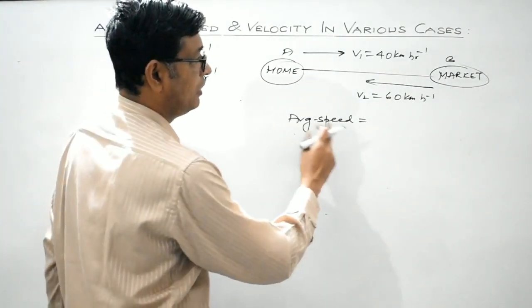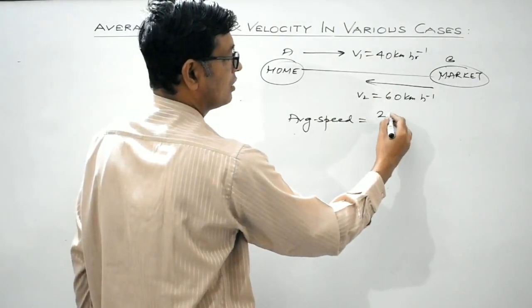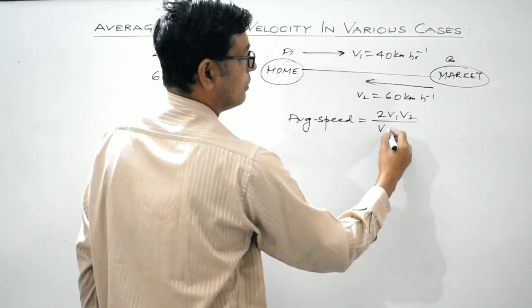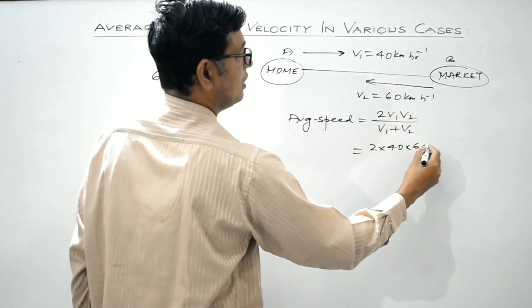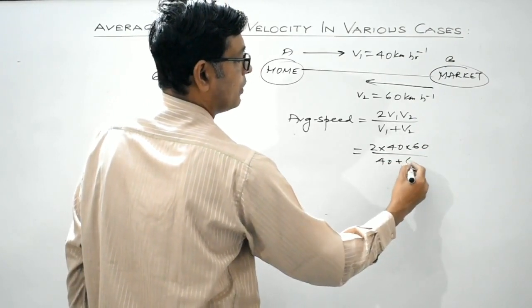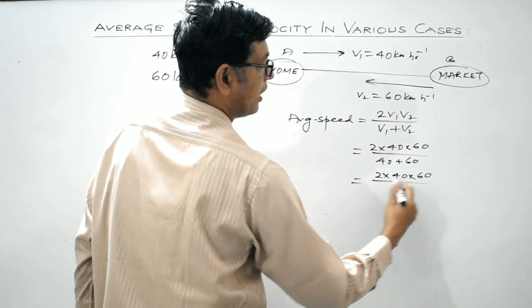So the average speed in this case would be given by the harmonic mean of these two values, v1, v2. So it is twice v1 v2 divided by v1 plus v2. It will give us twice into 40 into 60 divided by 40 plus 60, which is twice into 40 into 60 divided by 100.